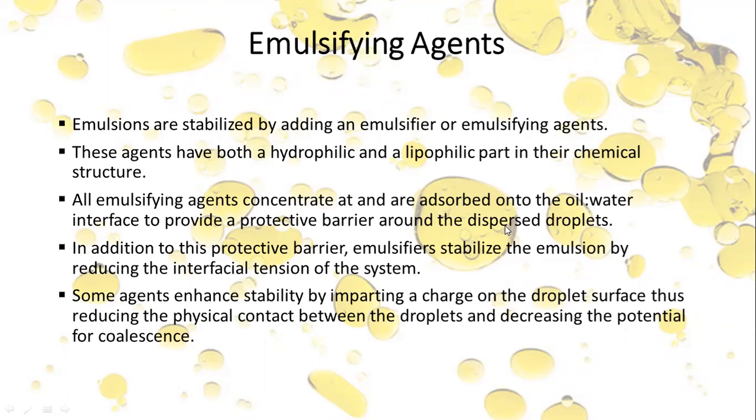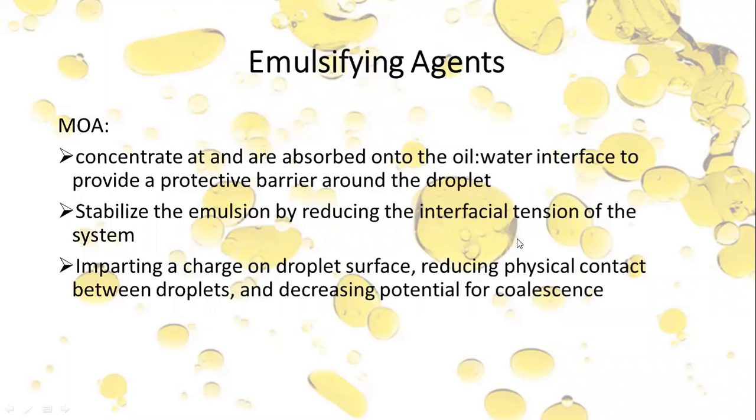Next, what should be the mode of action of an emulsifying agent? They concentrate at and are absorbed onto the oil-water interface to provide a protective barrier around the droplet, and they stabilize the emulsion by reducing the interfacial tension of the system, imparting a charge on the droplet surface, reducing the physical contact between droplets and decreasing the potential for collisions.